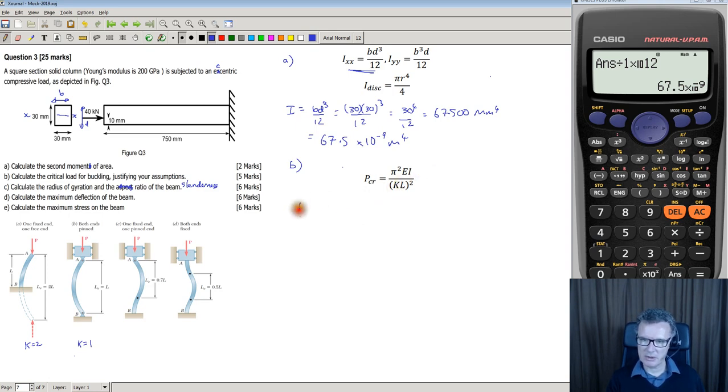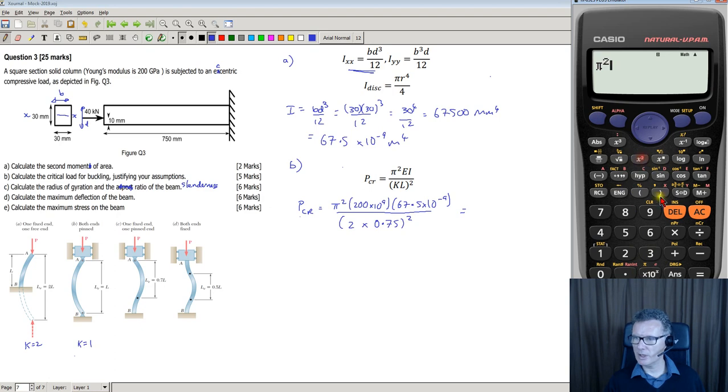so we should be able to plug in our numbers. Let's pretend we've written this out. Our critical load is going to be pi squared times 200 times 10 to the 9 times 67.5 times 10 to the minus 9, divided by K, which is 2, times the length converted from 750 millimeters into meters, 0.75, all squared.